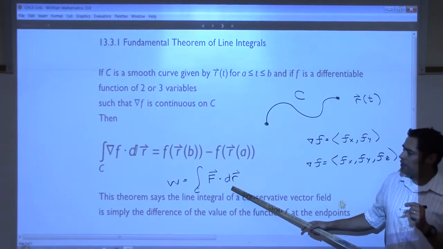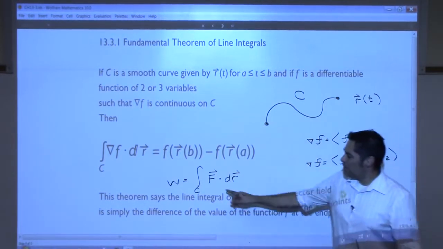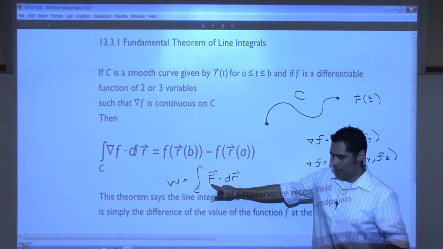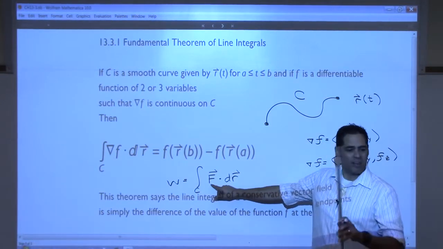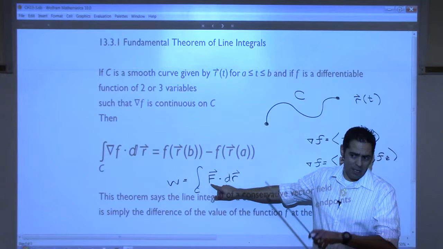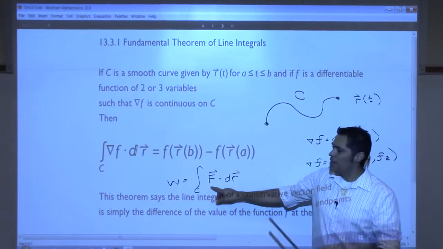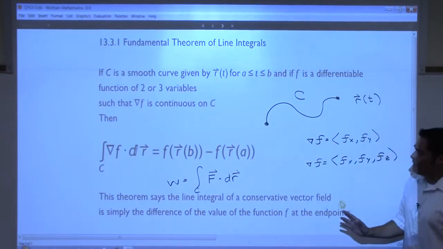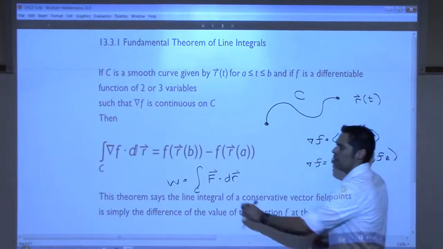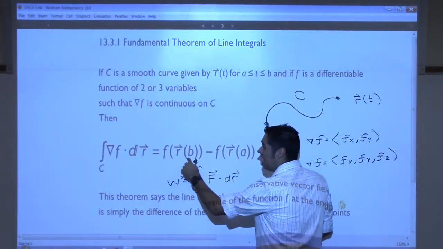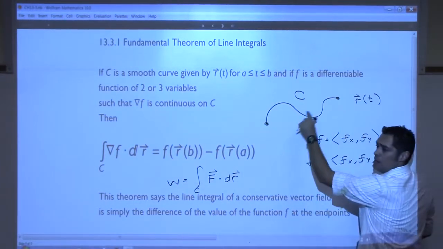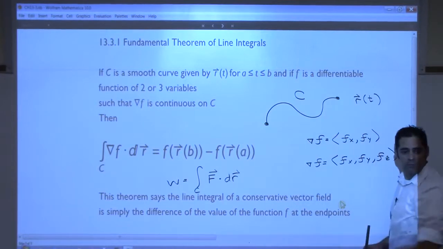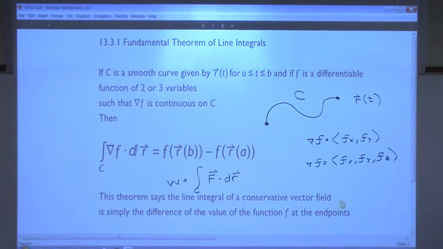This fundamental theorem of line integrals says if this vector field is the gradient of a function, little f, then all you have to do is evaluate the little f, the scalar function, at the two endpoints of your curve. And that would be the work done.